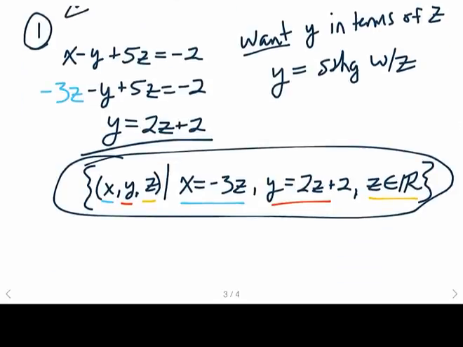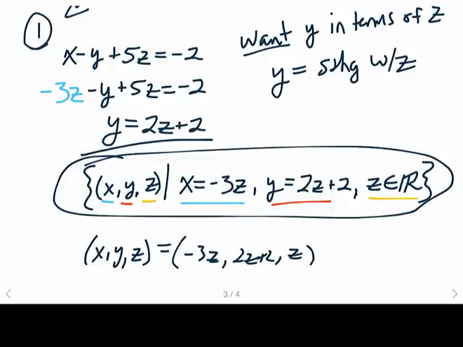Sometimes, though, we might want to say that x, y, z is equal to an ordered triple. Well, here's the deal. I don't get to say negative 3z, 2z plus 2, and z, because you can't say that z is z. People will go, well, duh. So let me clear that out. If I can't say z is z, what can I say z is? Like anything else.